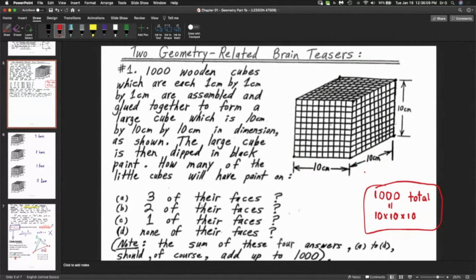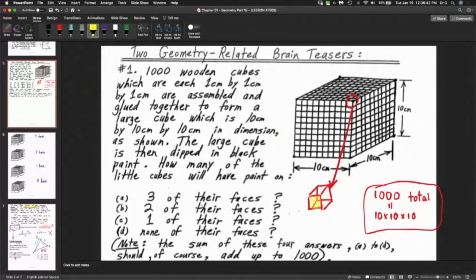As Denny mentioned, when we talk about faces, here's one of these baby cubes, like this one here. That cube has paint on how many faces? By faces, I mean sides if you want. It's 3, because it's the top corner.